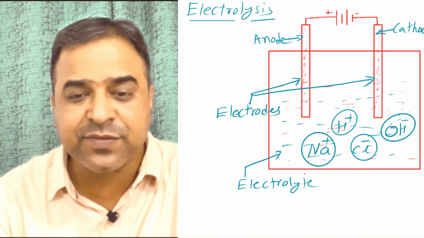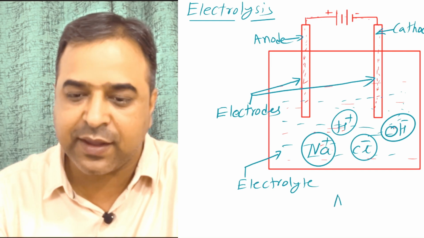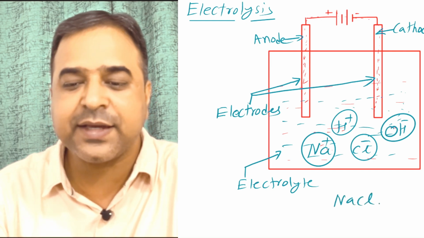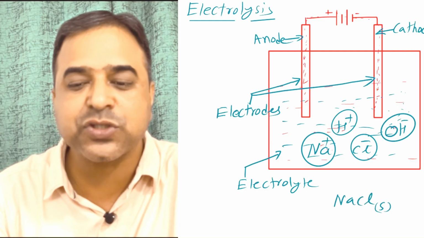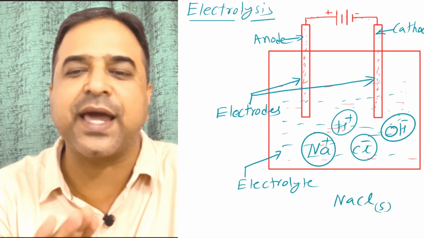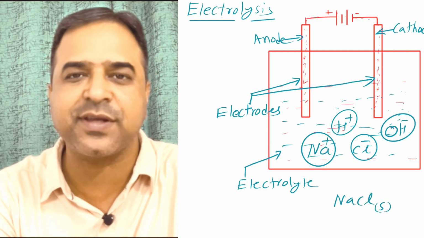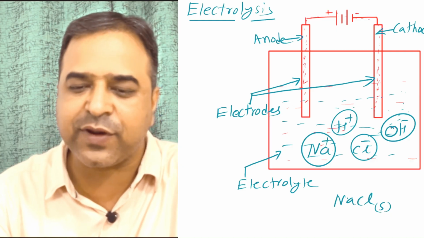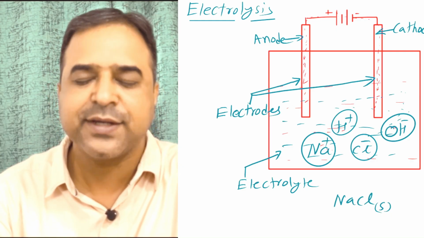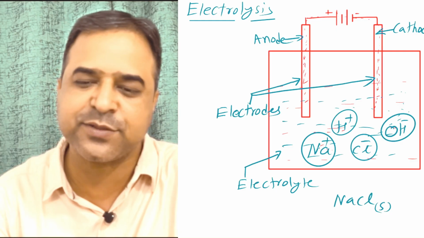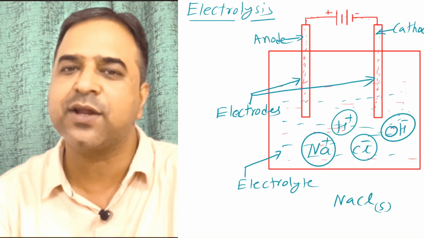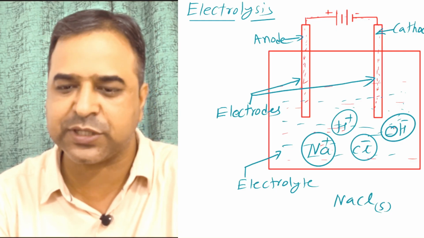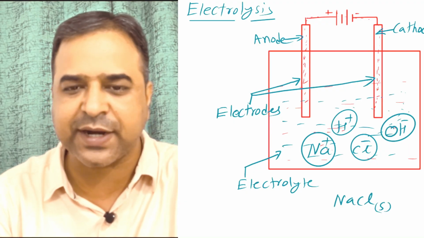But if this ionic compound, say NaCl, is in the form of a solid, it cannot conduct electricity, because you are not getting free ions here. So for electrolysis they must be in the molten state or in the form of a solution. Okay, so this much we studied.